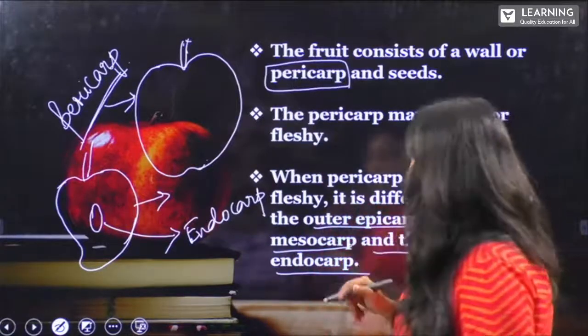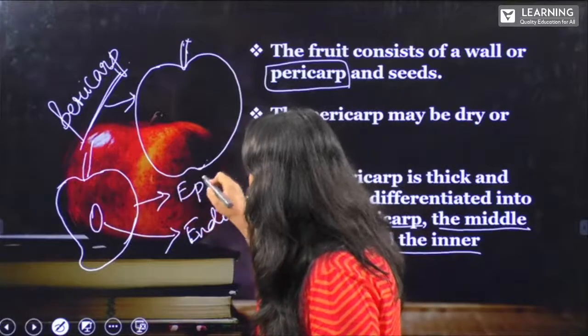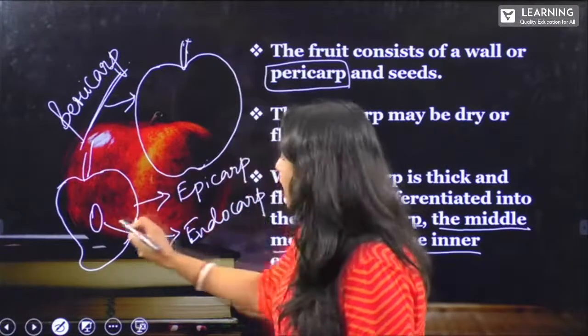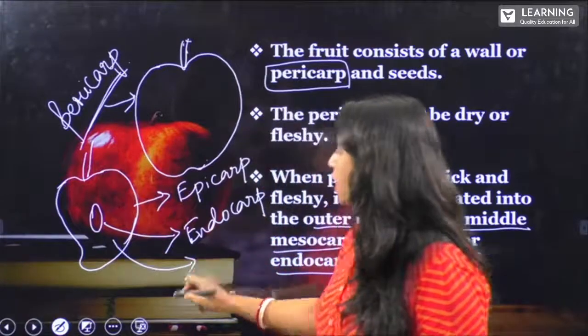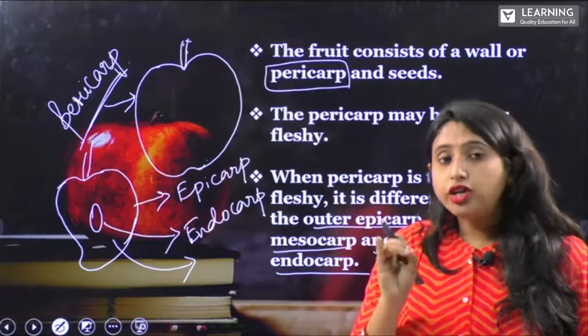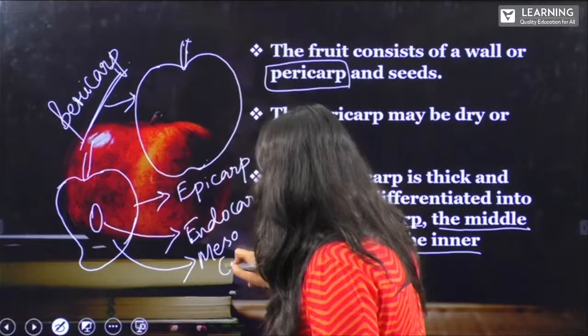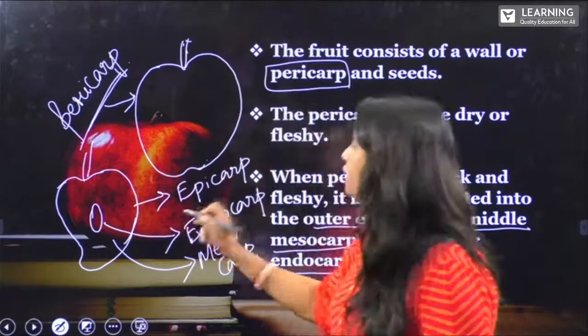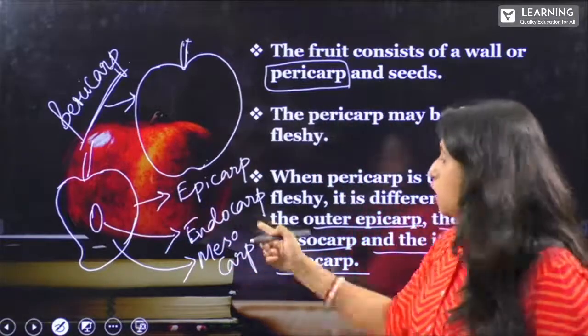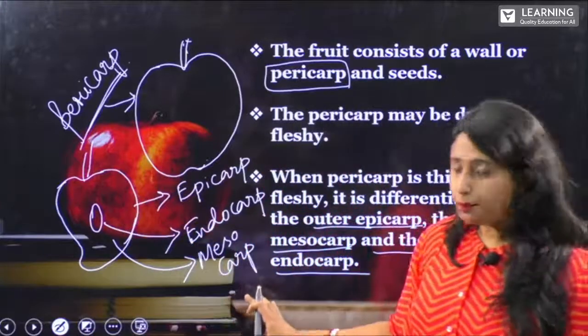Which one is the epicarp? The outer part is called your epicarp, and this fleshy part which we eat, which is the edible part, we call your mesocarp. And the hard part, that covers your seed, we call your endocarp. So these are the three parts.